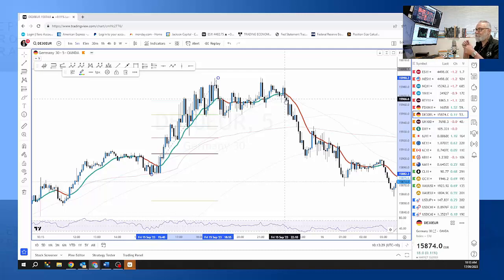Once you've identified the turning point, the reversal pattern, the big SR level, the bottom and the top of the channel, this will assist you in going short and then holding on to it. You probably get out down here.